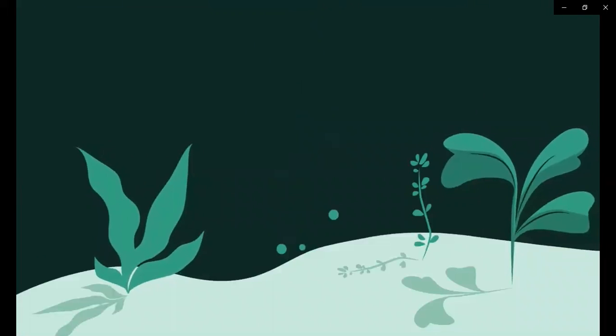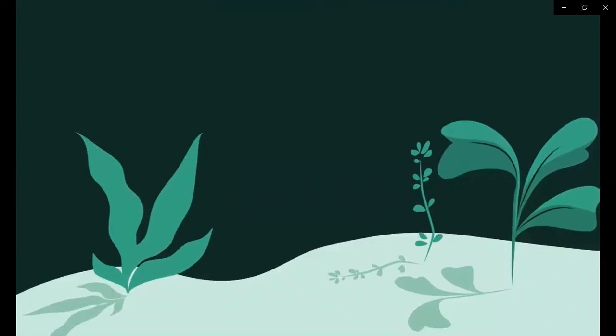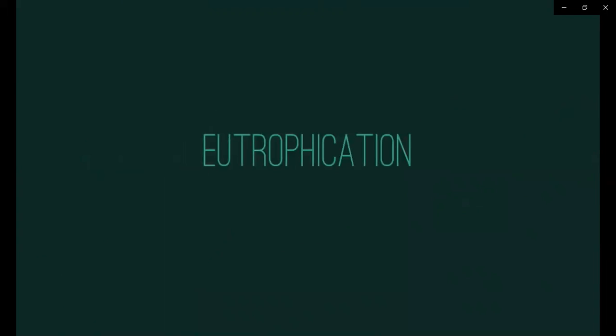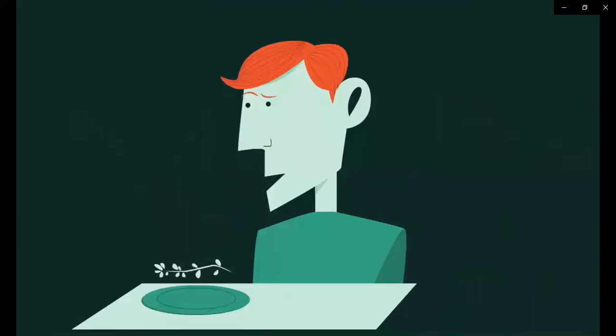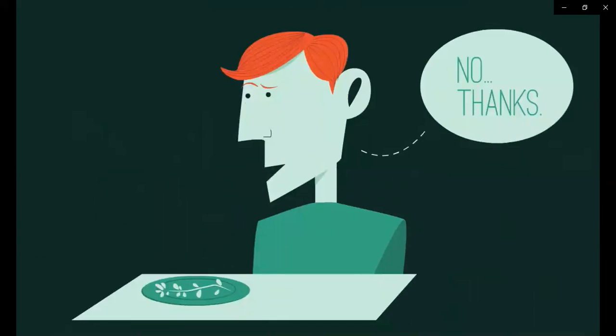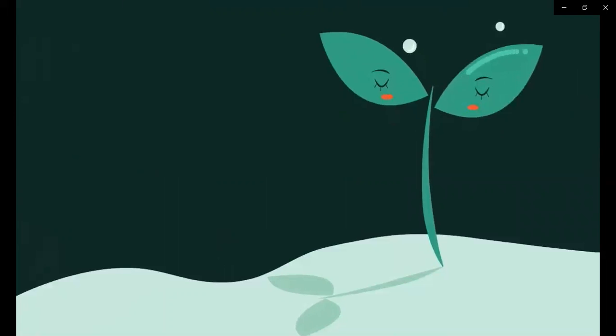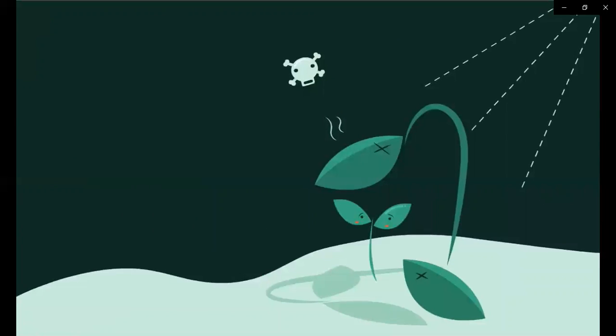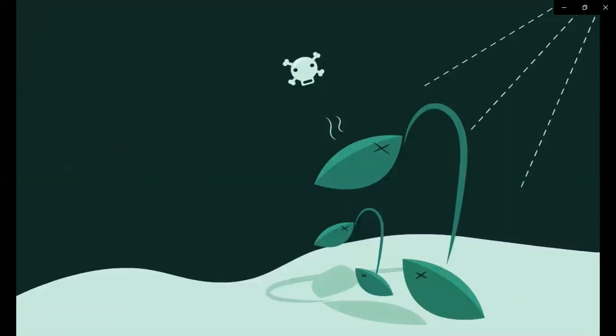The presence of these fertilizers will cause them to grow faster than usual. This is called eutrophication. The main issue here is that most of these aquatic plants are not a food source for humans. These plants just grow and die and decay. Dead and decaying plant matter blocks sunlight from reaching live aquatic plants and thus prevents photosynthesis from occurring. So these plants also die and decay.